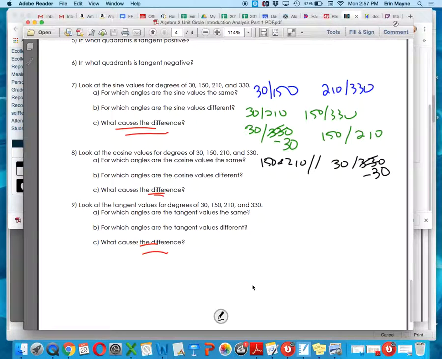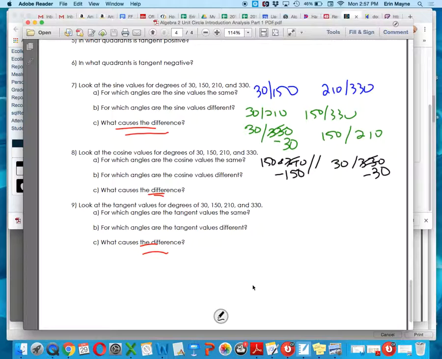Negative 30. Listen to this. What angle is coterminal to 210 that's negative? Negative 150. That's a hint for where we're headed. This 30 and negative 30, they're the same. This 150 and negative 150, they're the same.